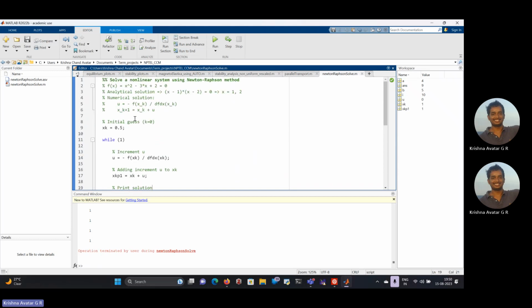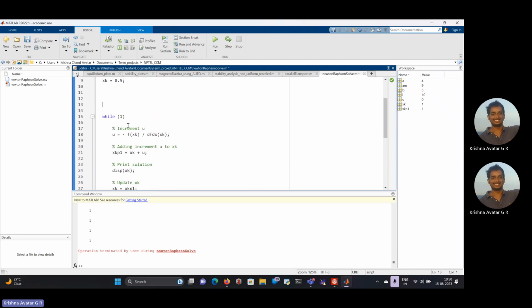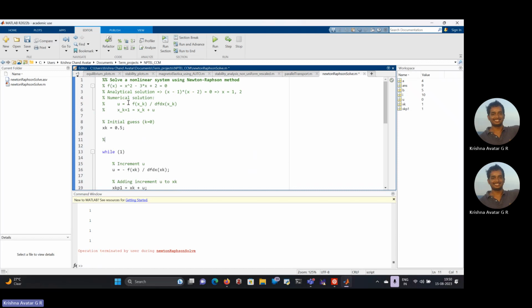The thing is, I need to put some stopping condition, right? Otherwise, this loop will keep on going forever. Even if you obtain the result, the computer never stops solving it. Since we are doing some iteration, we need to add something called a breaking criteria or stopping criteria. So this was essentially a loop, carrying out iterations till the solution is obtained.